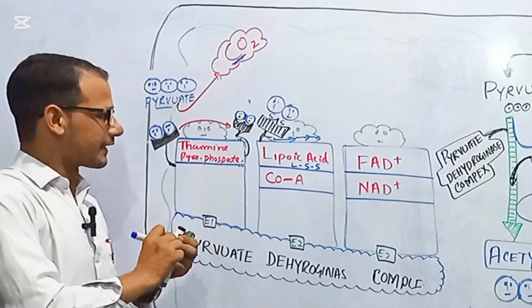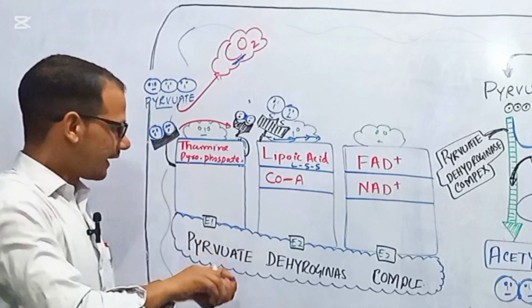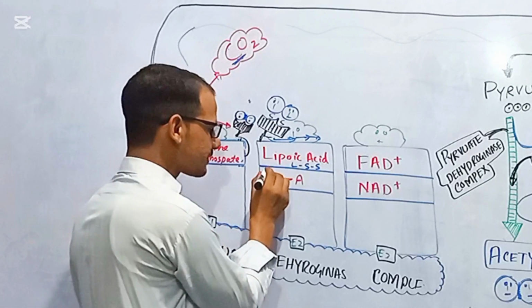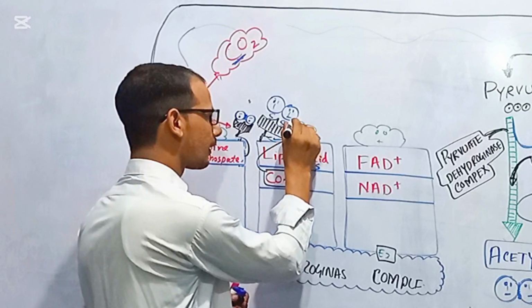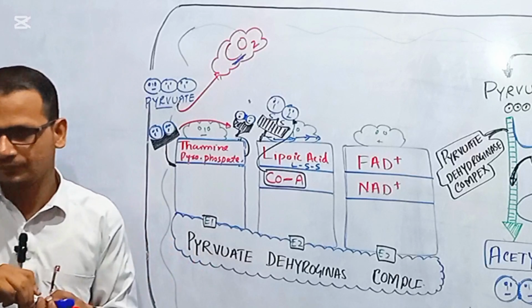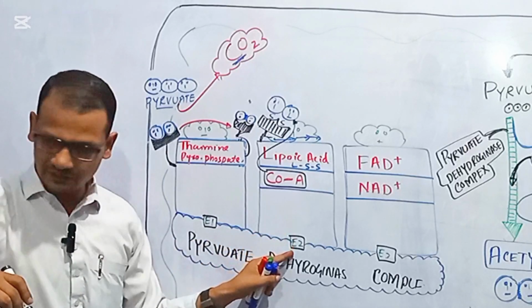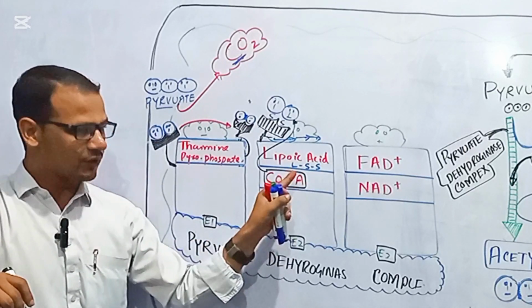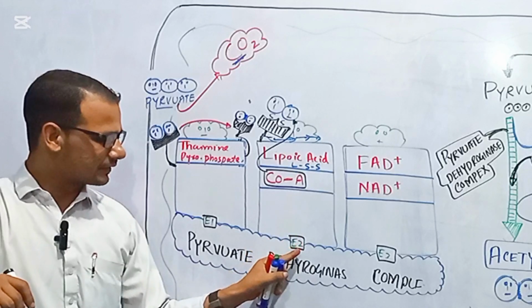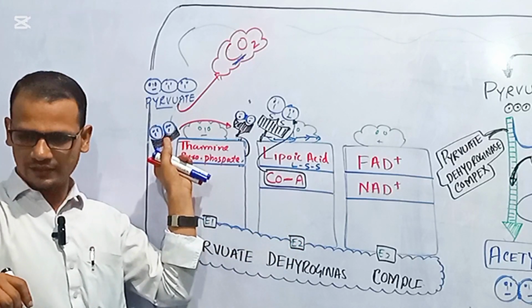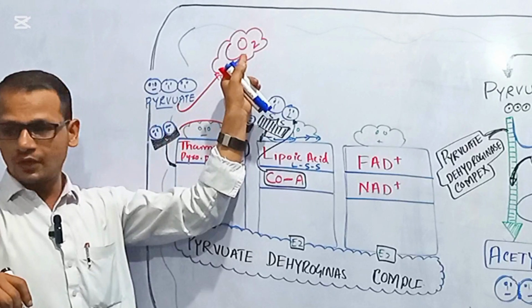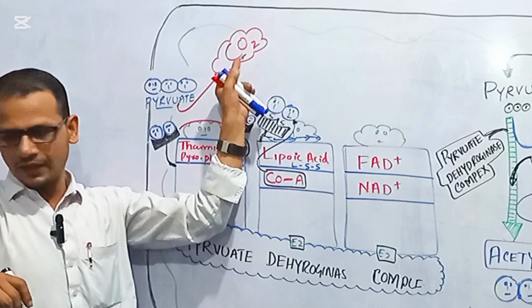right? And here on the way, this coenzyme A is added to this acetate. Due to this E2 enzyme, it gives, because this E2 is trying to make this acetate happy, because they are sad, they have lost one friend, one carbon.